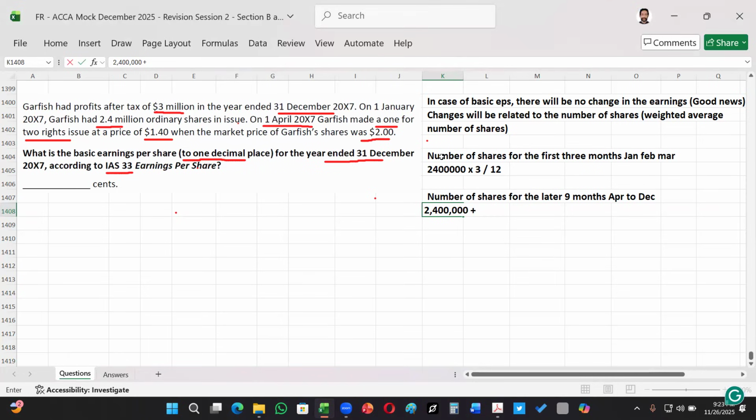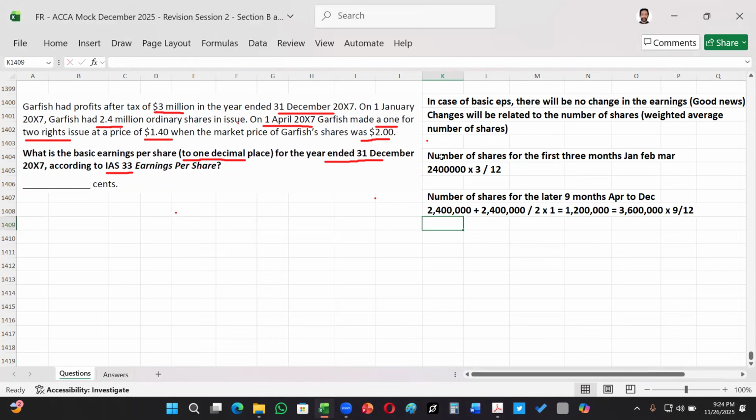For every 2.4 million, divided by 2 multiplied by 1, that is going to be another 1.2 million. So overall, the number of shares for this period would be 3.6 million, and we would do that for 9 by 12. So this is the easy part.